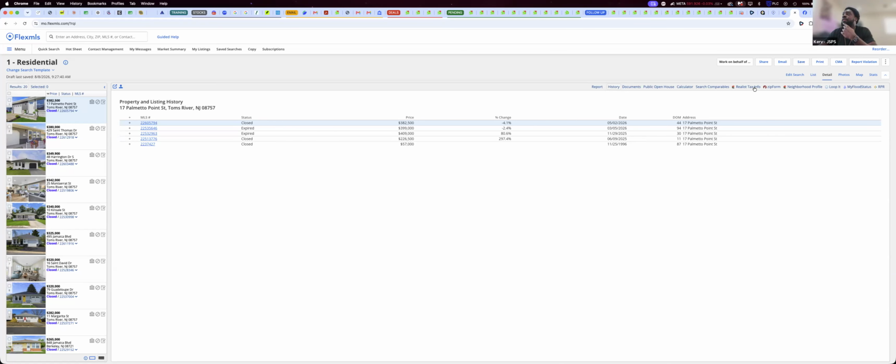I also like to see the tax history, so I can see if this was bought by an LLC. Just from the look of it, it does look like an investor came in here and purchased this property. Looks like we're having some internet problems.